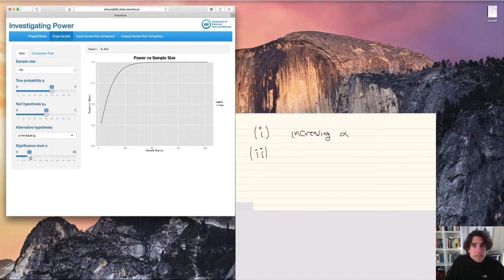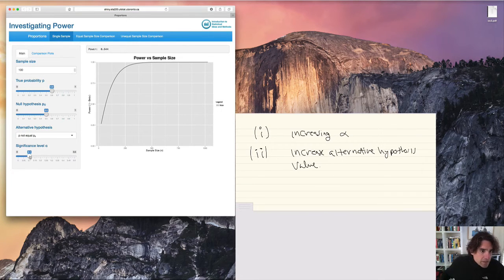We can increase the alternative probability, so we can increase the alternative hypothesis value.